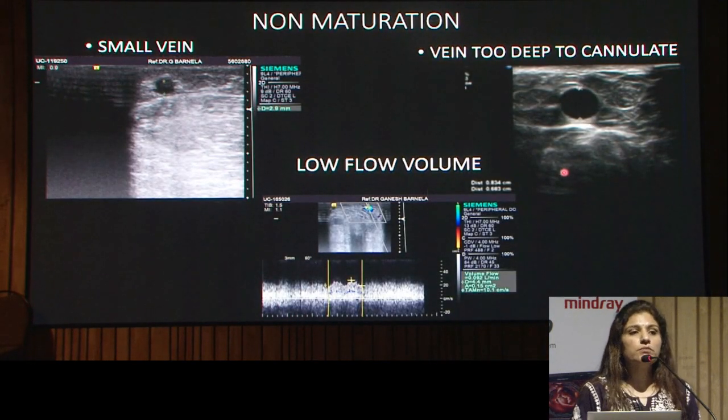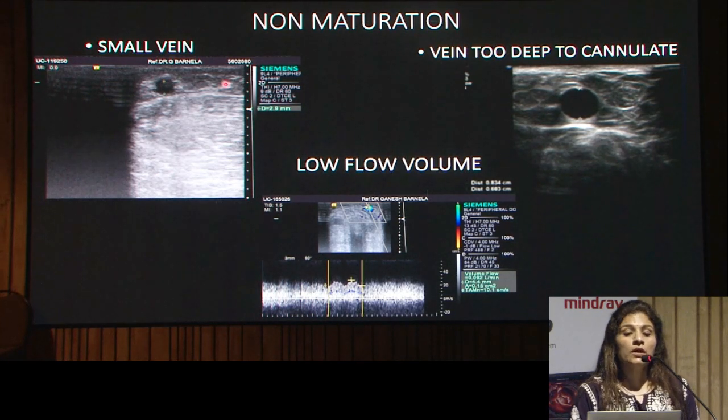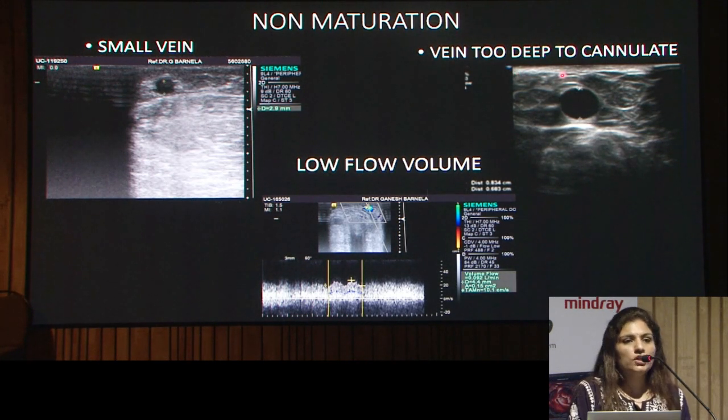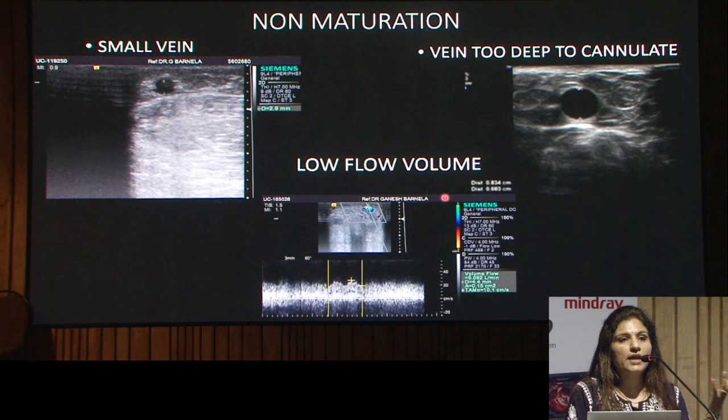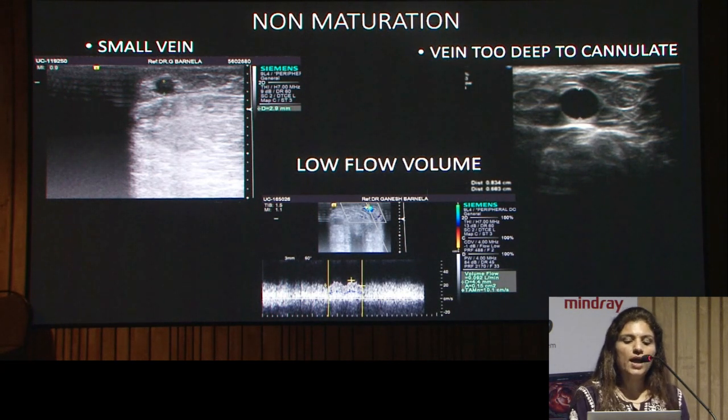So when the patient comes back to us for evaluation of the maturity of the fistula, what are the findings when it is non-mature? The vein is small, so it is not going to give that amount of flow. The vein is too deep to cannulate, so they are unable to pass the catheter into it, or the fistula is low volume.